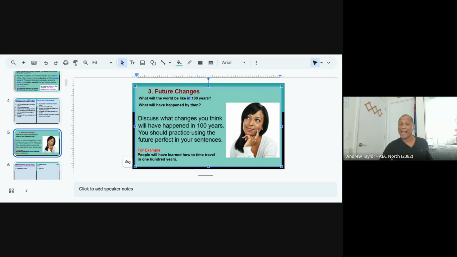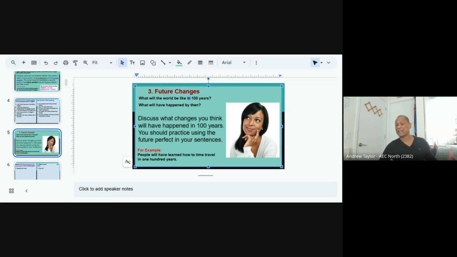What will have happened by then? Discuss what changes you think will have happened in 100 years. You should practice using the future perfect tense in your sentences. For example, people will have learned how to time travel in 100 years.